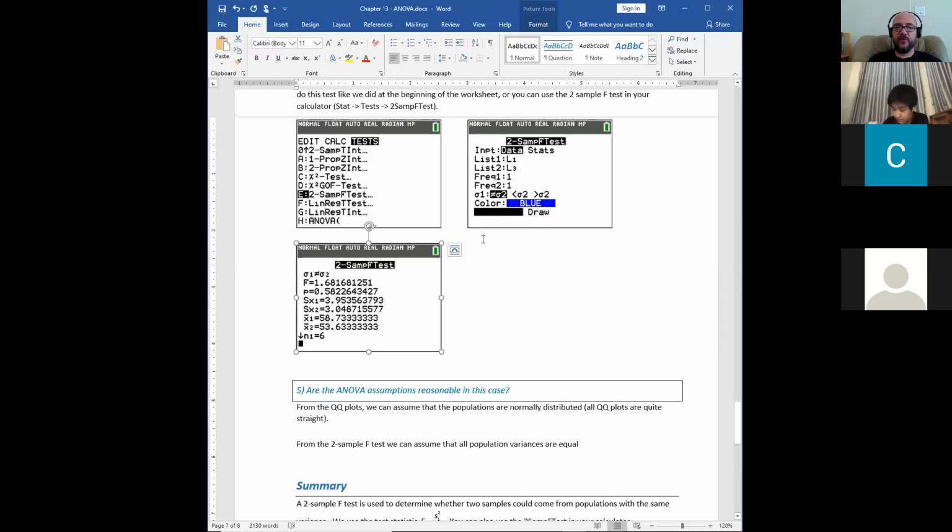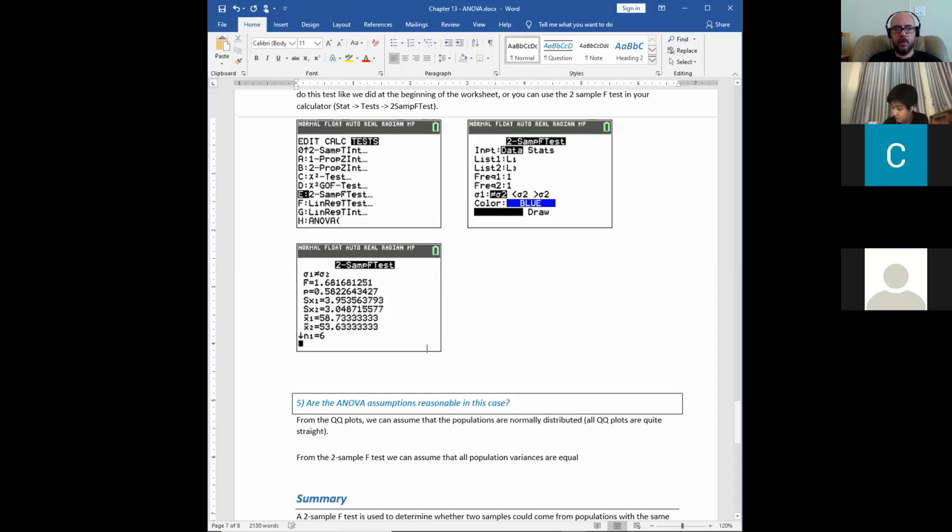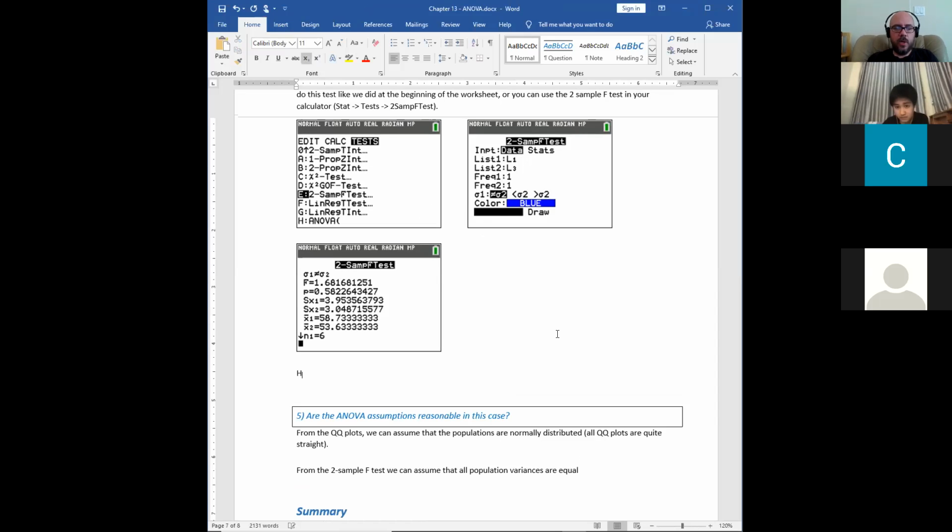So my null hypothesis here is that sigma 1 squared equals sigma 2 squared. I need to make these sigmas. These are not S's. These are sigmas. Right. So my null hypothesis is that sigma 1 squared equals sigma 2 squared.